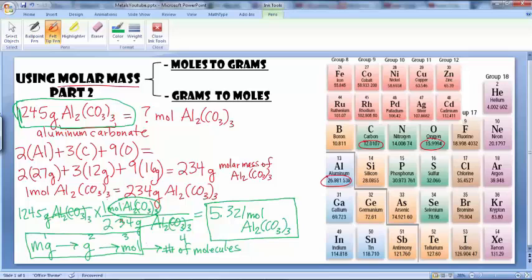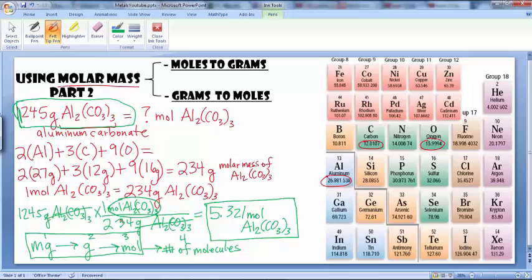Okay, so in the next video I will tack on number of molecules, so we can get from a mass the number of molecules, or we can go from the number of molecules and get the mass. Okay?